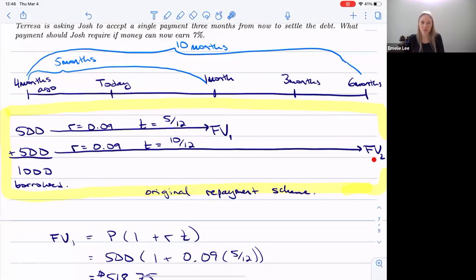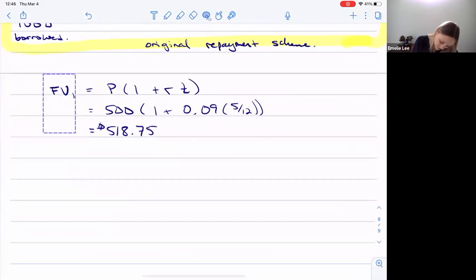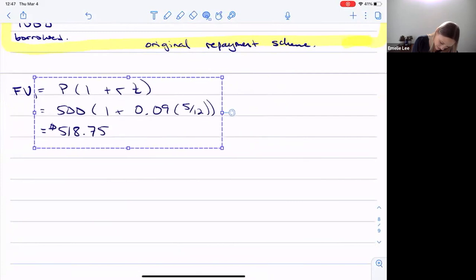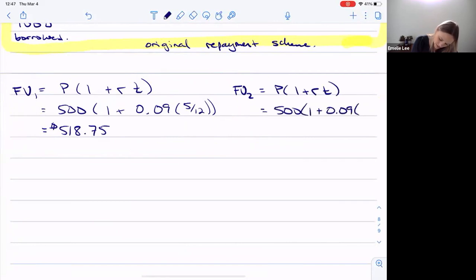Second payment she's supposed to make, we can find that as well. Okay. Future value 2, and in fact, let me just scoot this side by side here. Future value 2. P times 1 plus R times T, which is, again, 500 times 1 plus 0.09 times 10 over 12.